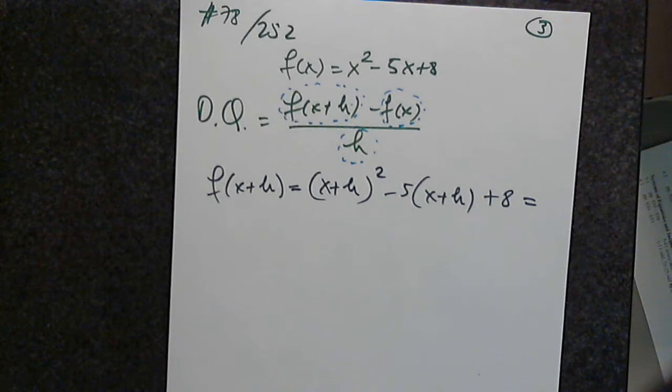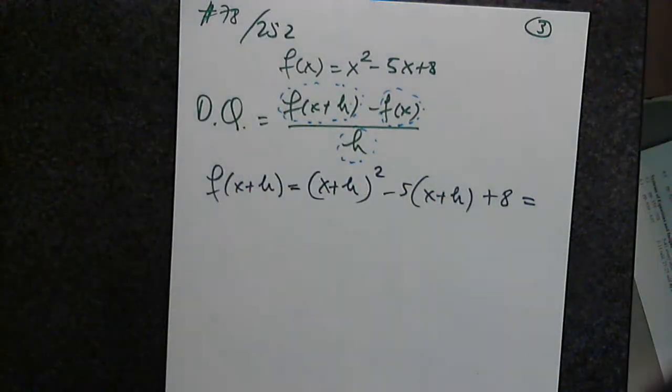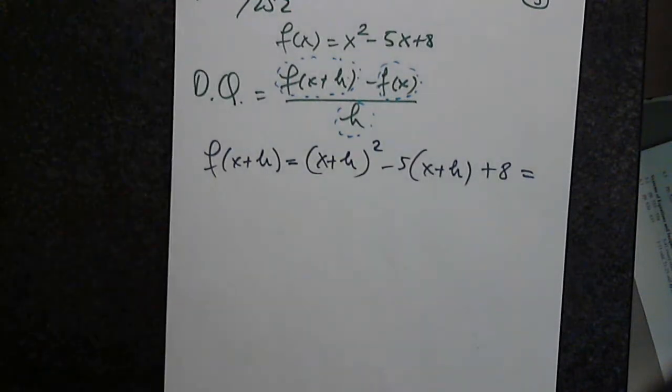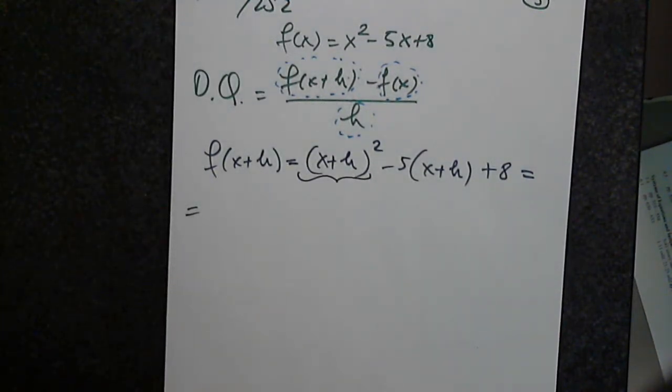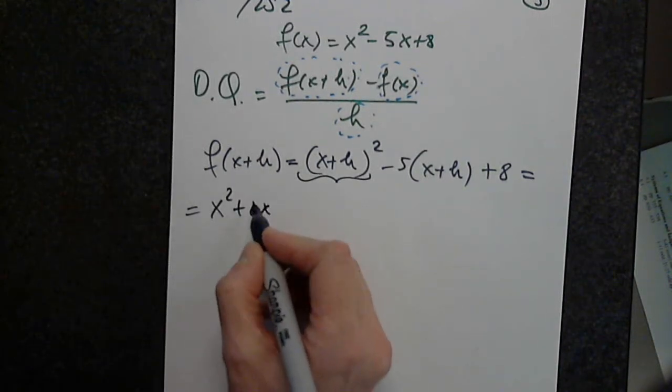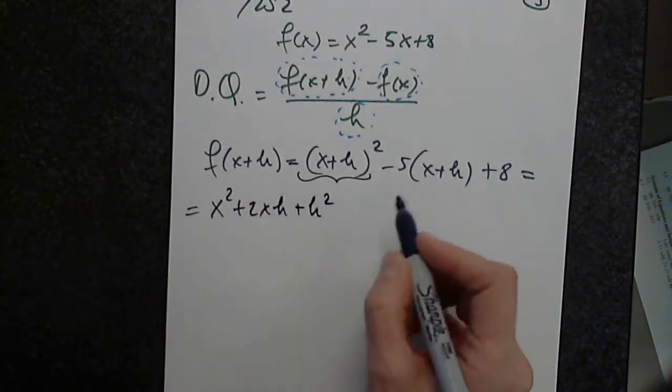But definitely all terms without h from the numerator have to go away. The second thing is that eventually this h will go away, but we're not there yet. So can anyone give us this? x squared plus 2xh plus h squared. Excellent.